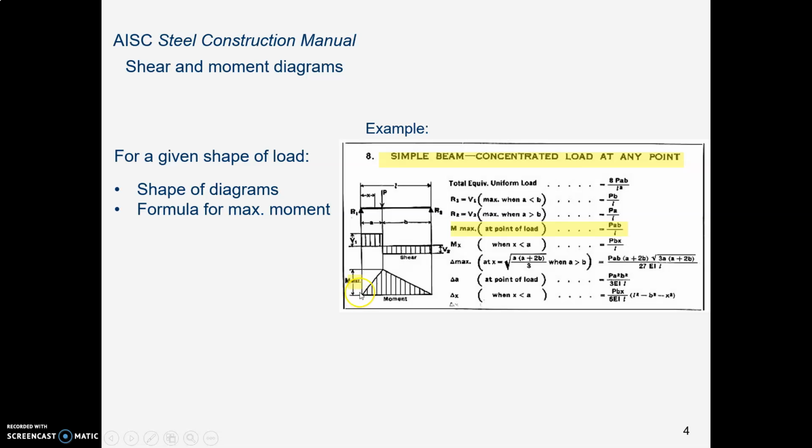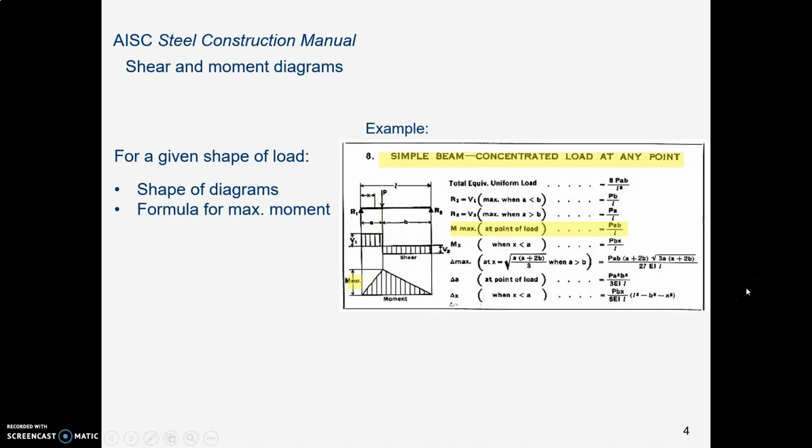And below that, they show you what shape the shear diagram should be. So it's not slopey or curvy, it's just blocky rectangles. Then below that, they show you what shape the moment diagram should be. And if you study this a bit, you'll notice that the peak of that moment diagram lies right where the load comes down on the beam.